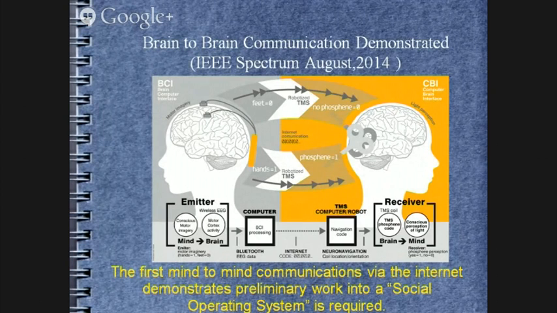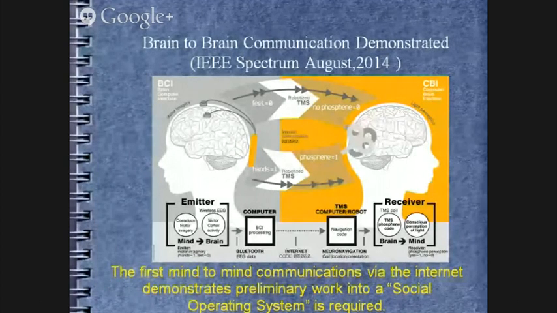When I was going through IEEE Spectrum in the August 2014 issue, I came across one article which says that in the laboratory, experimentation has demonstrated that brain-to-brain communication is possible. In fact, recently the PhD student who was working with me worked in the area called heart-to-brain communication.